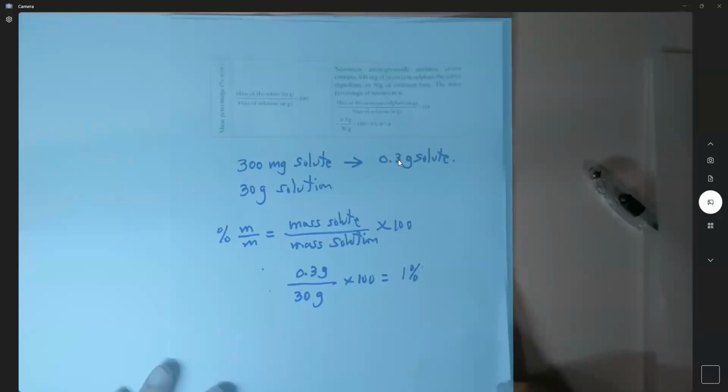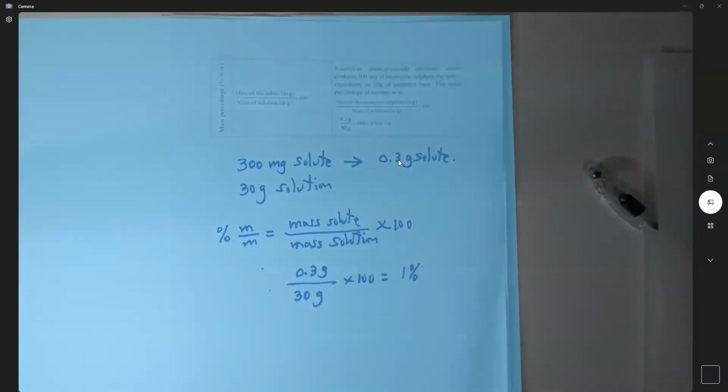You have that neomycin is an antibiotic cream that contains 300 milligrams of neomycin sulfate, that is the active ingredient, in 30 grams of the ointment base.